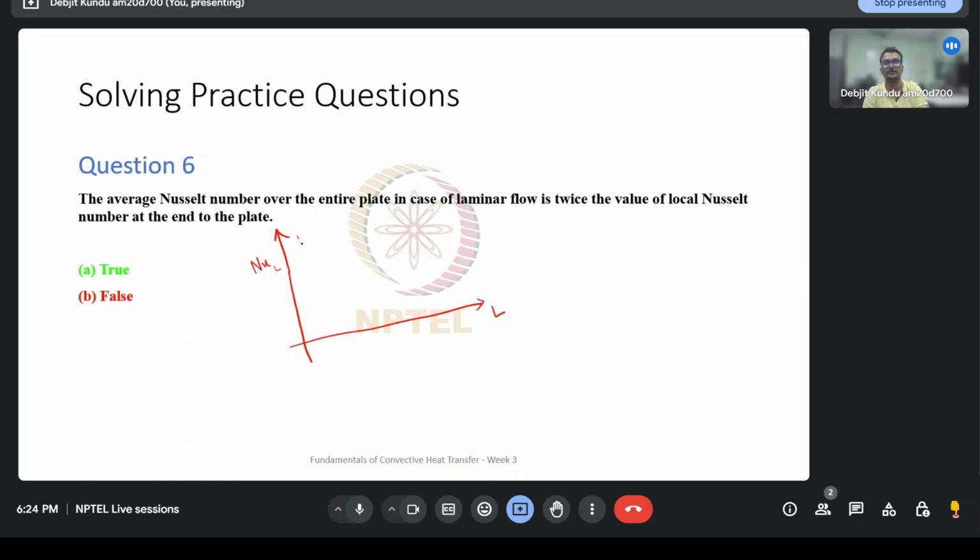Let me draw this properly. It's a hyperbolic type shape. And as it turns out, the average of it goes something like this. This is the Nusselt number average, and this is the Nusselt number local at the end of the plate. And this is exactly double of that. So the average Nusselt number is equal to twice the local Nusselt number.